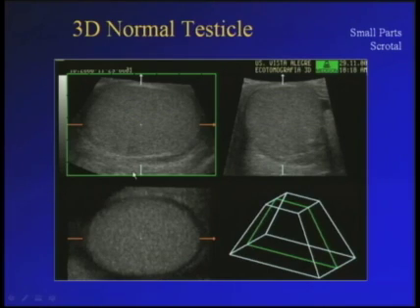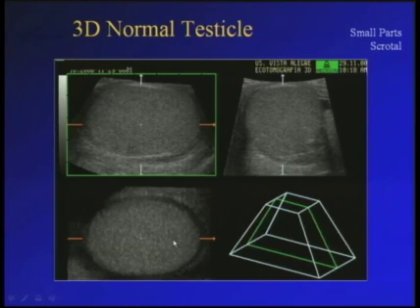organs. This is a normal testicle presented by using 3D ultrasound. Longitudinal, this is the transversal, and the computer offers an immediate coronal virtual view.